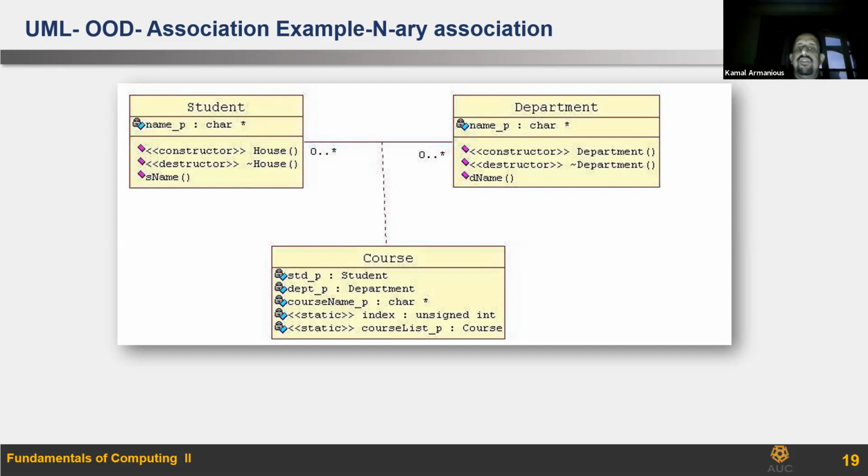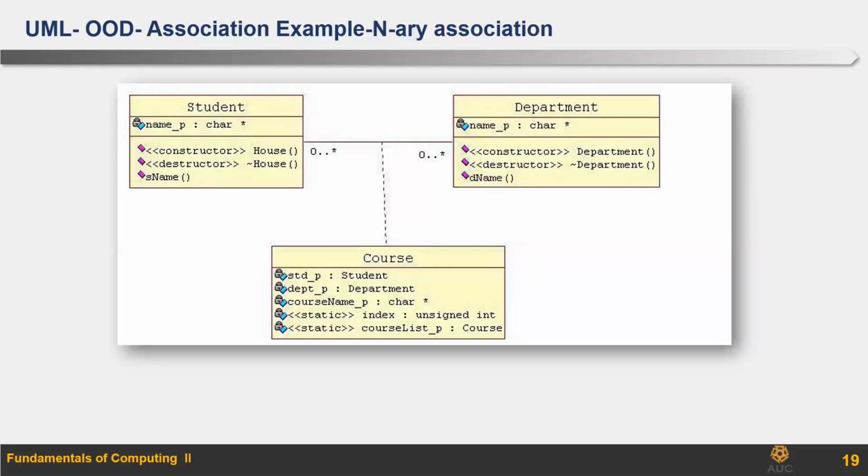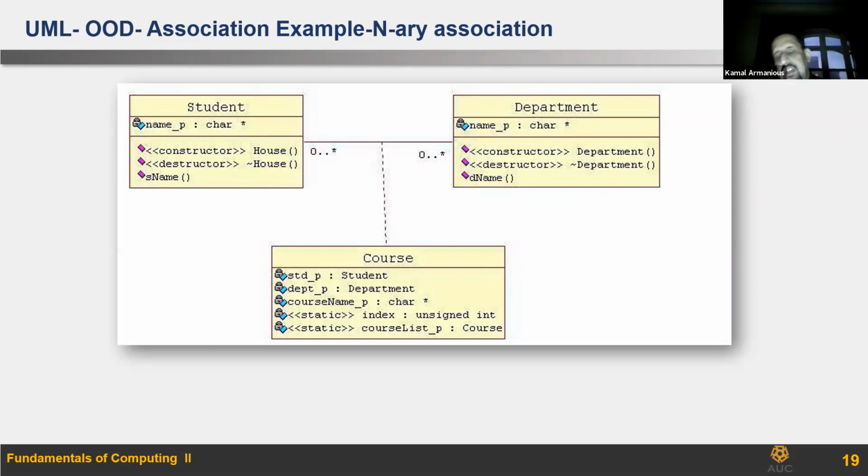Yes. So is this a unary, binary, or ternary relationship? Ternary relationship, or in general, an n-ary relationship. So it can be ternary, four-way, five-way, whatsoever. But ternary is very complex indeed.